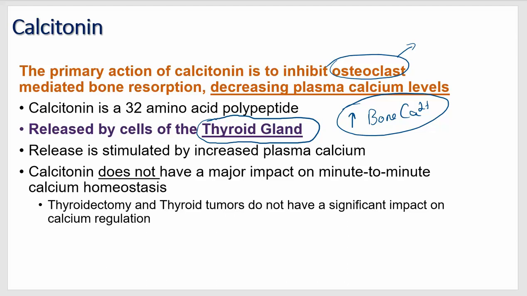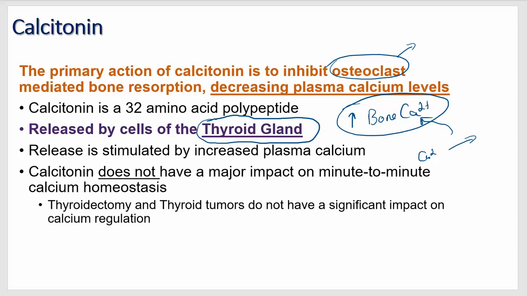Release is stimulated by increased plasma calcium. So if blood calcium levels are high, then we can increase the bone calcium, keep it stored in the bone. It doesn't seem to play a super critical role. It does not have a major impact on minute-to-minute calcium homeostasis, so we know it does have a role.